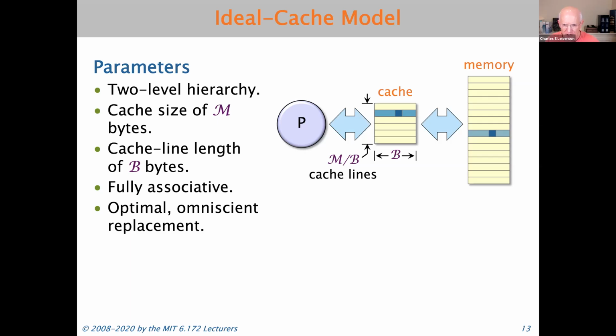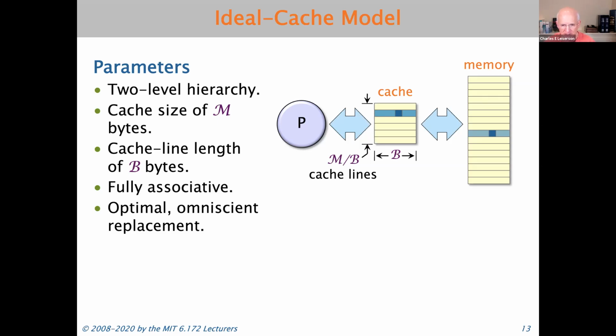You can imagine that when a cache block must be evicted, the hardware consults an oracle to choose the absolute best cache block to kick out. It knows everything and can see into the future. It kicks out the one that's going to minimize the cache misses of the whole program.